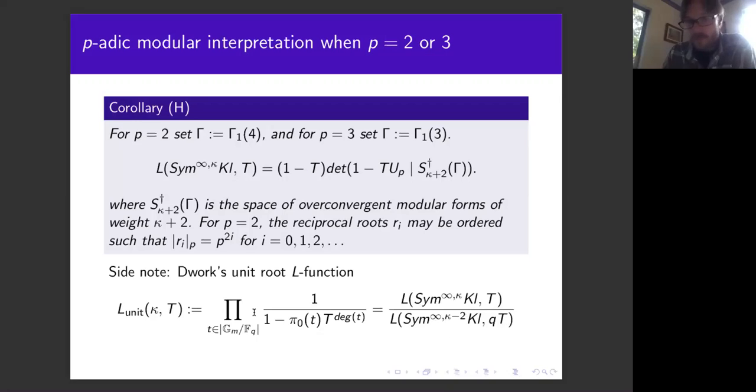And so this is the first time that one of Dwork's unit root L functions has been shown to have no cancellation whatsoever, and exactly what the Newton polygon is of the numerator and the denominator. The other results that I've seen on this have just been approximations.